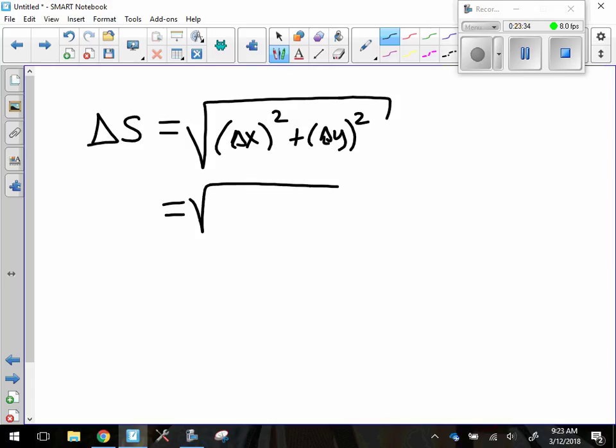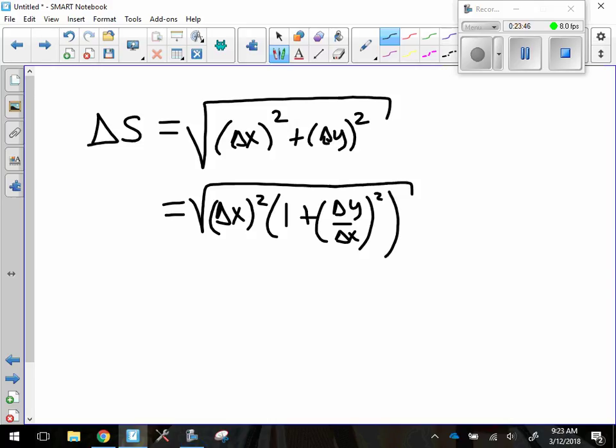So I'm going to factor out delta x squared. I factored out a delta x squared.